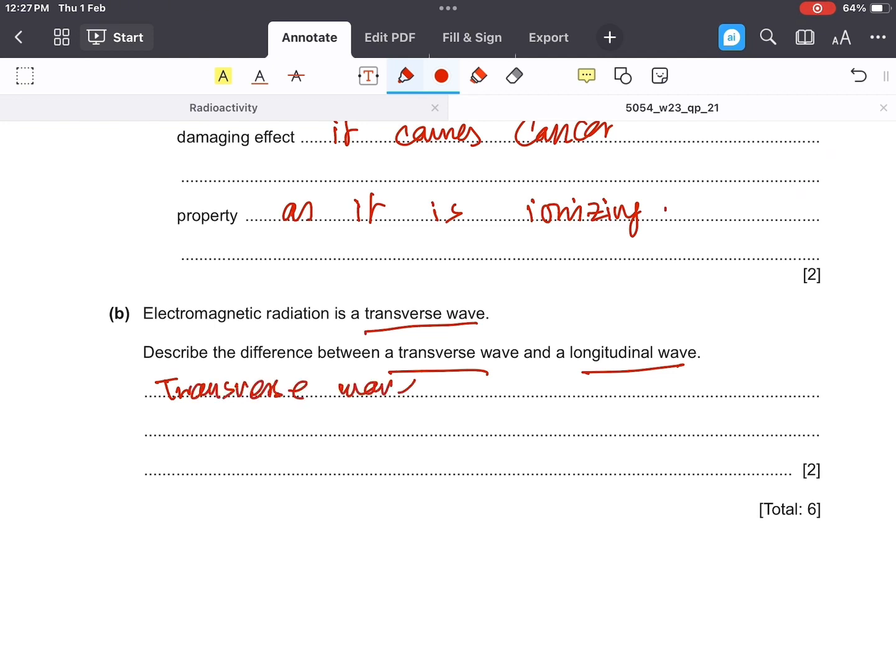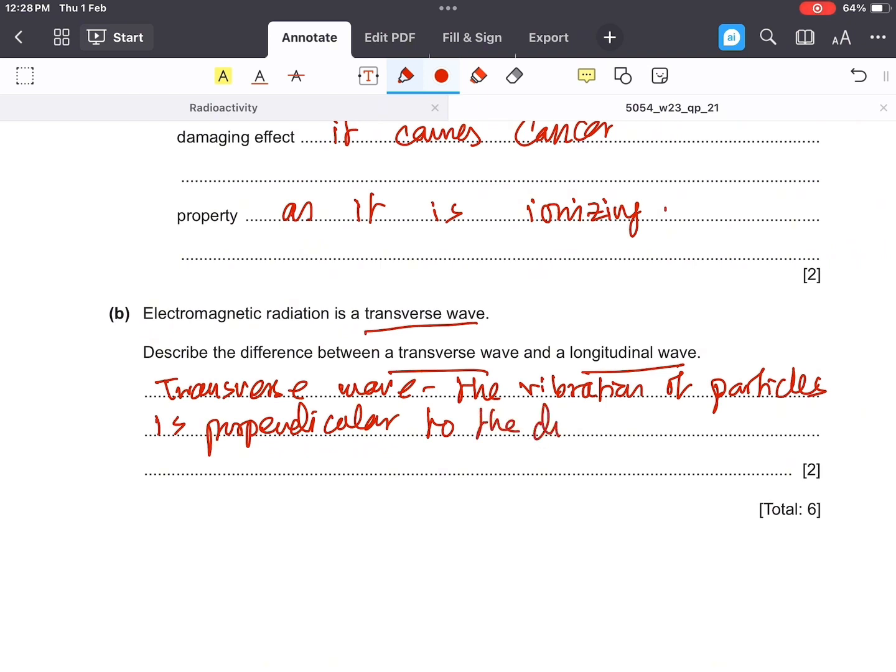Transverse wave, the vibration of the particles is perpendicular to the direction of wave travel.